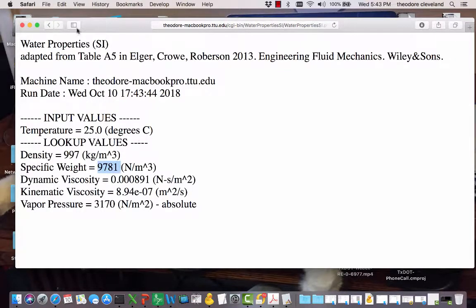That number right there. And while we're here, we have the vapor pressure of 3170 newtons per meter squared. We're going to divide that by 9781 newtons per meter cubed.